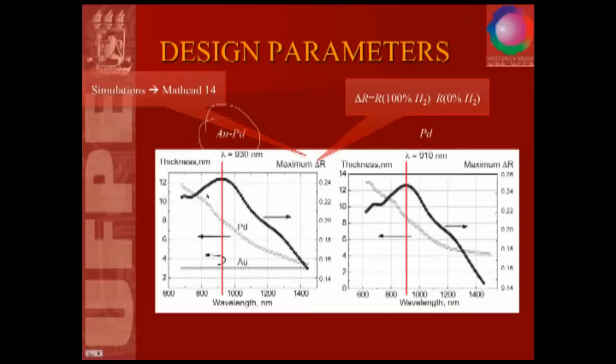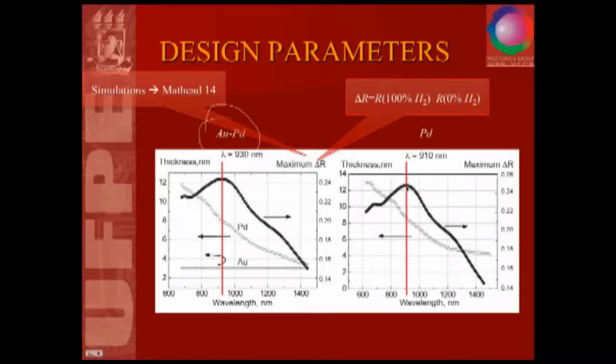Here we have the thickness of a single palladium layer and the maximum sensitivity, and we can see that the maximum sensitivity occurs near 900 nanometers. Well, it's 910 for a single palladium layer, 930 for gold-palladium, and the sensitivity is slightly better for the single palladium layer.